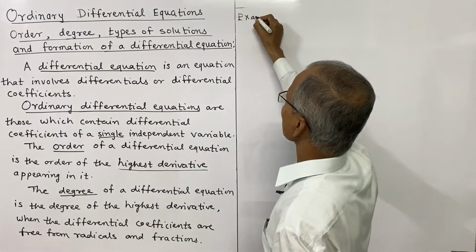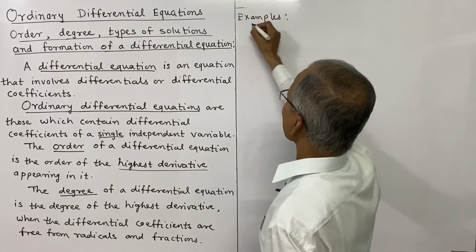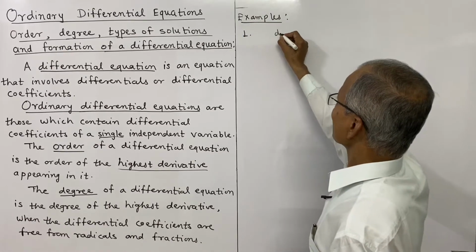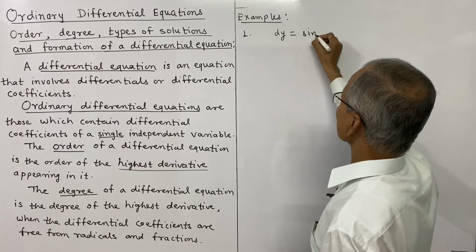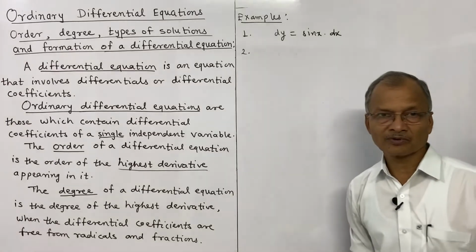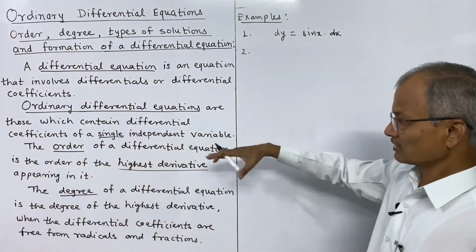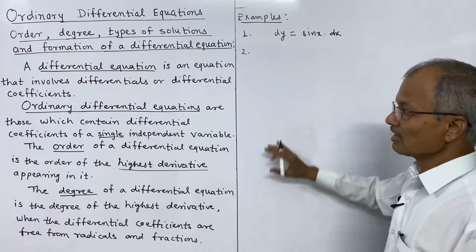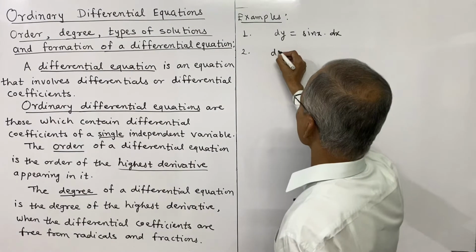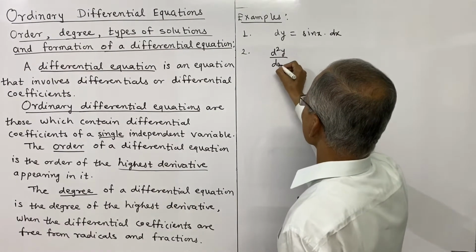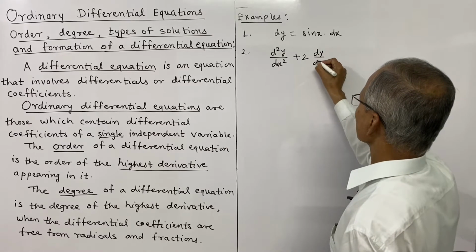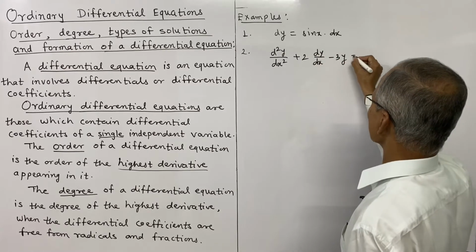Now we consider examples. First we will have, say, dy is equal to sin x dx. I shall write the equations first, a few equations, then we shall see what is the order and degree. So these are the examples of ordinary differential equation. Second example I shall write as d2y by dx square plus 2 dy by dx, any example we may consider, plus 3y is equal to x square.